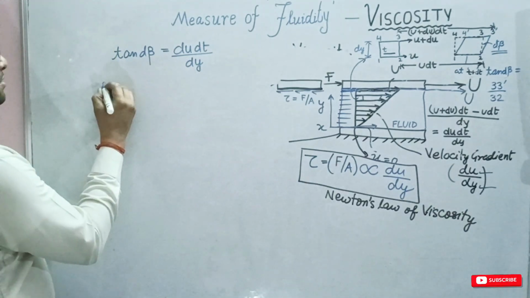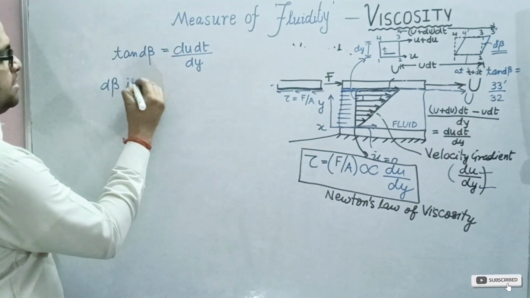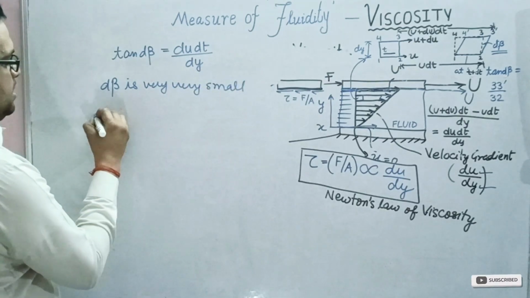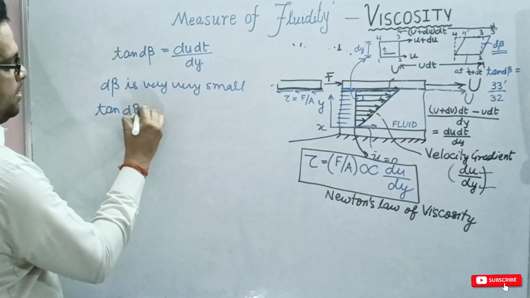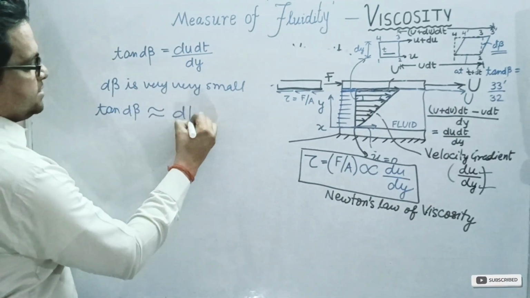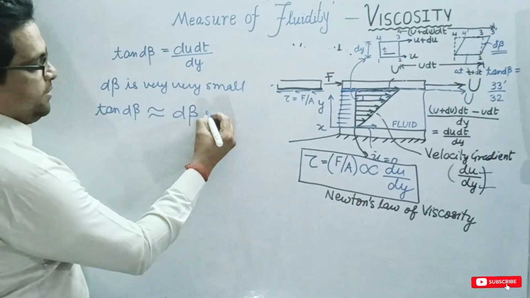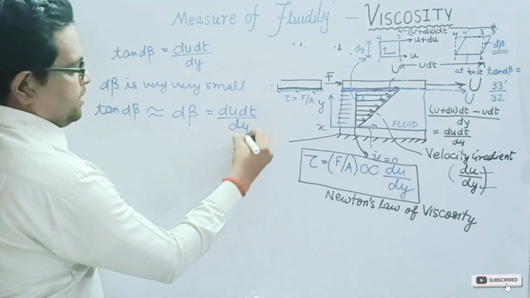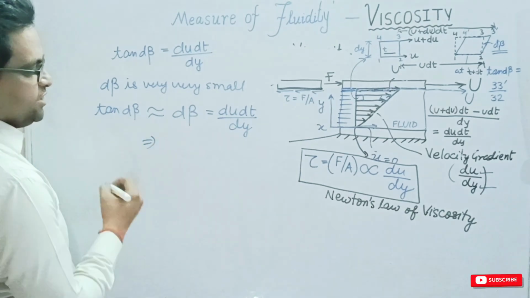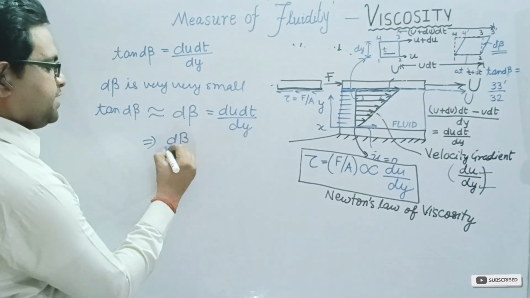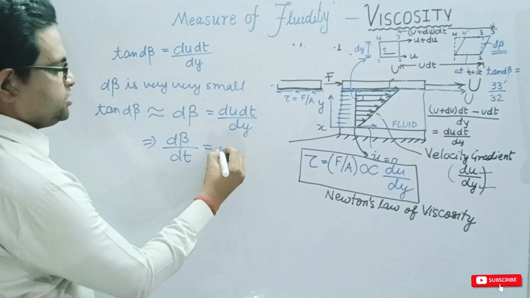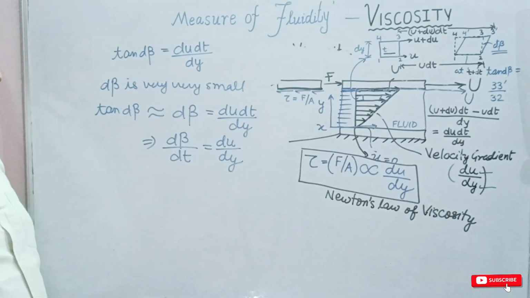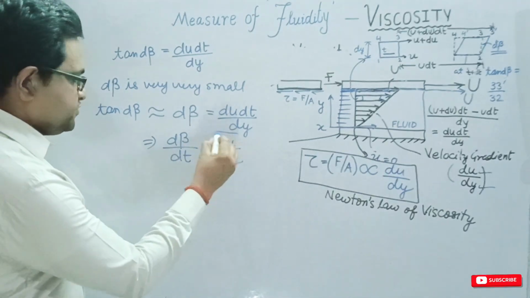Now if this d beta is very small, tan d beta can be approximately written as d beta, and so we have d beta is equal to du dt upon dy, and on rearranging, we get d beta upon dt is equal to du upon dy. So this is a very important result which we have got.